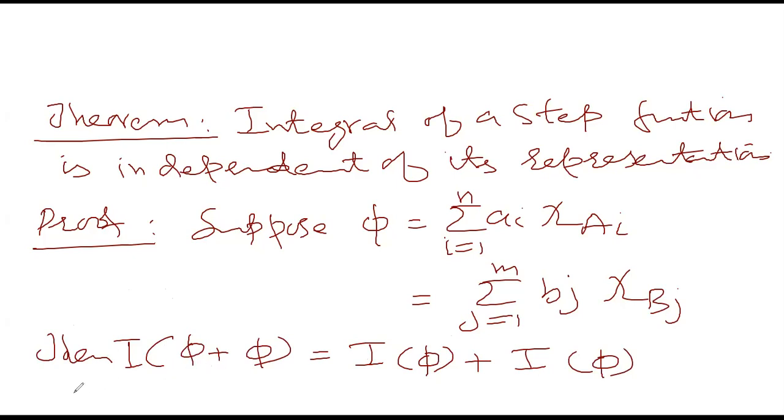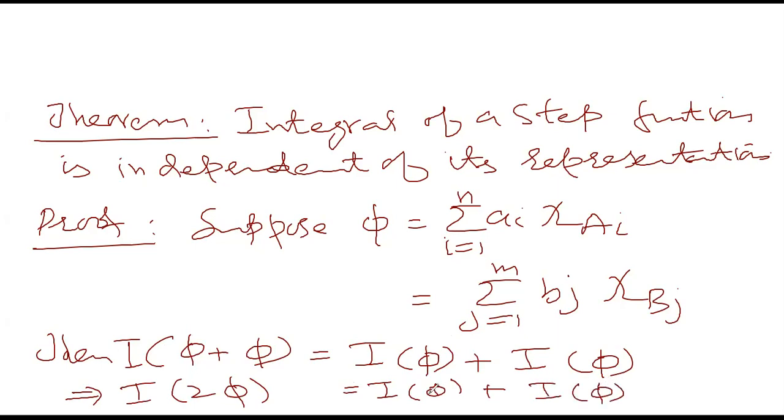This implies this is the integral of twice phi, which is equal to the integral of phi plus the integral of phi. So I will use two representations for the function phi. Here we have the integral of phi plus the integral of phi. So let's take this integral of phi with respect to this representation and this integral of phi with respect to this representation. Okay.